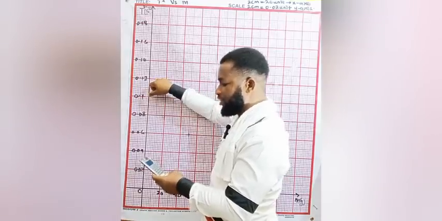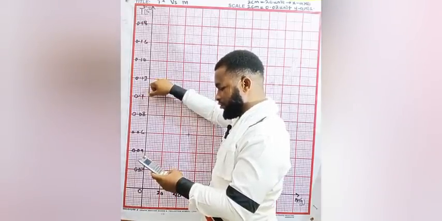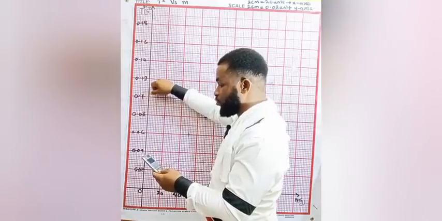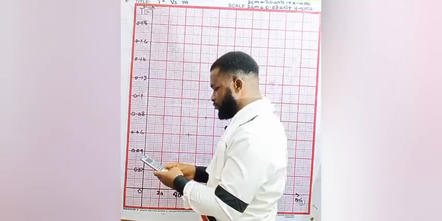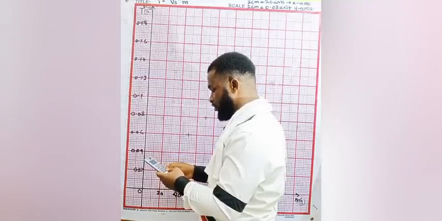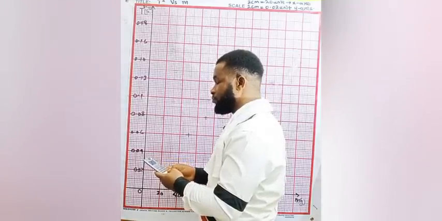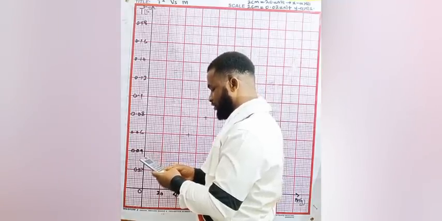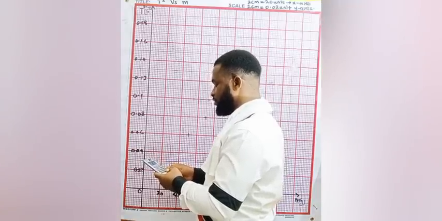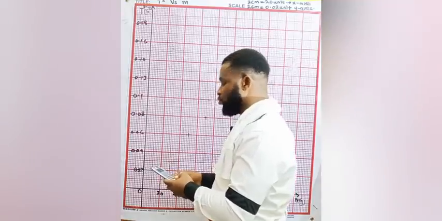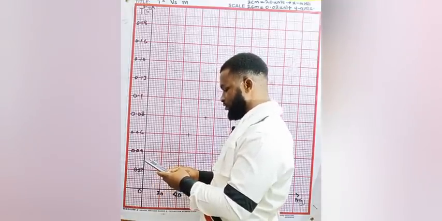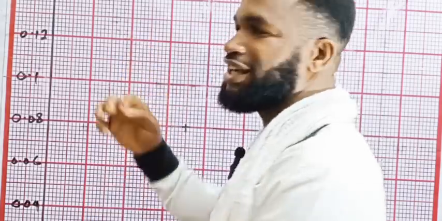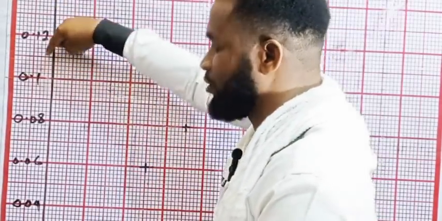If I also add another 0.002, I'm going to have 0.104 plus 0.002. I'm going to have 0.106 plus 0.002. You have 0.108 plus 0.002. You have 0.11. Now the question is, how many lines did you add until you get to that one?